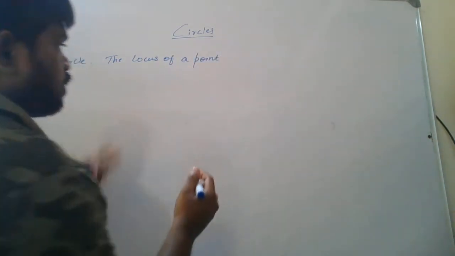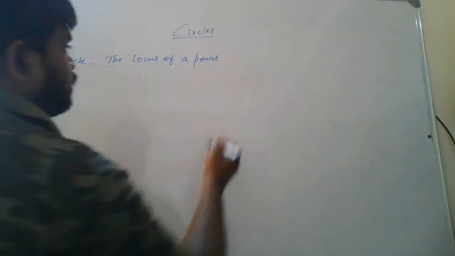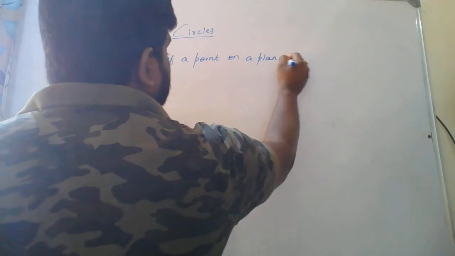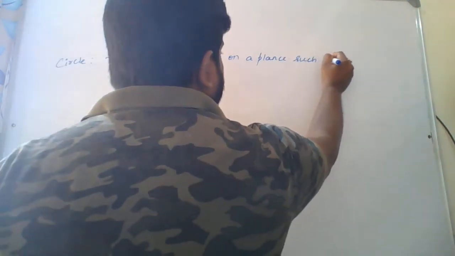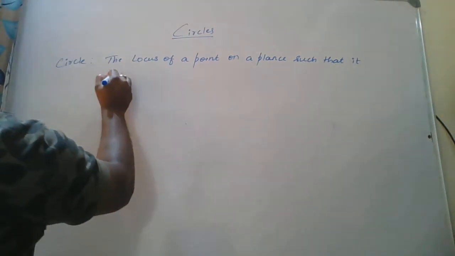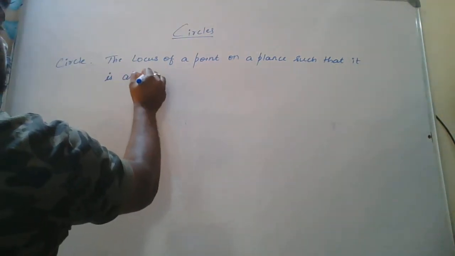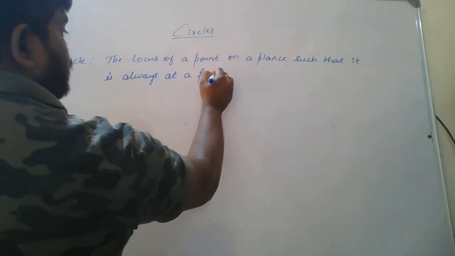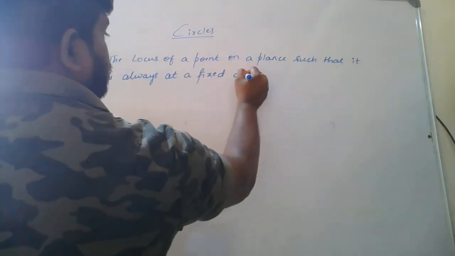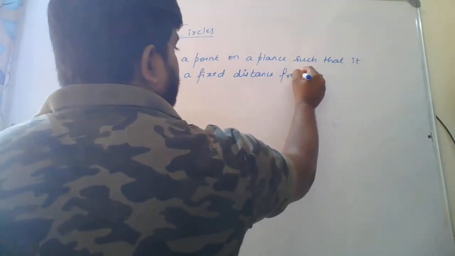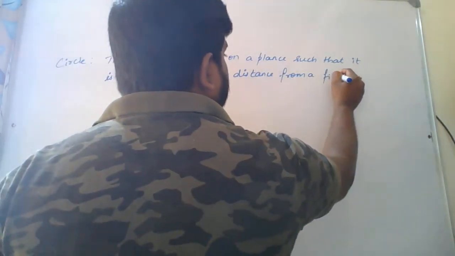The movement of locus is nothing but movement of a point on a plane such that it is always at a fixed distance from a fixed point.